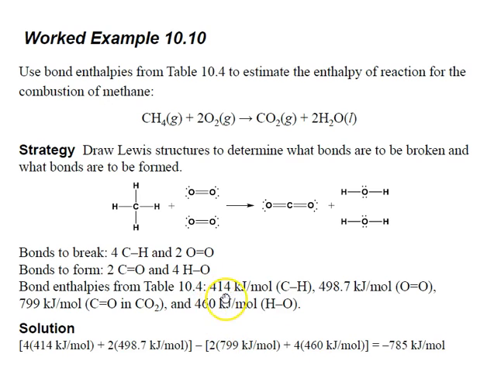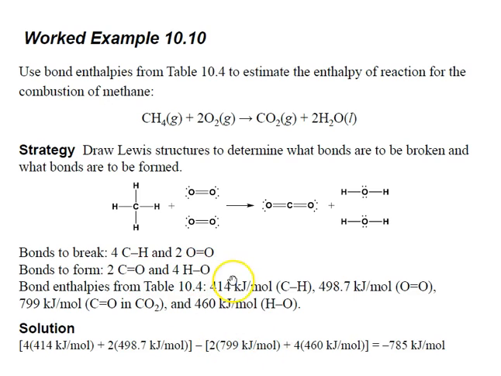So looking at the 414, which is the carbon-hydrogen, we have 4 of those. So we multiply 4 by 414. And the 498 is for our 2 oxygen-oxygen double bonds. So we multiply 2. Then we will subtract the 799, and we have 2 of those. 2 carbon-oxygen double bonds.